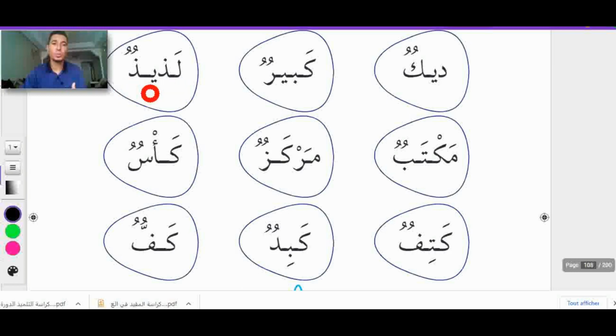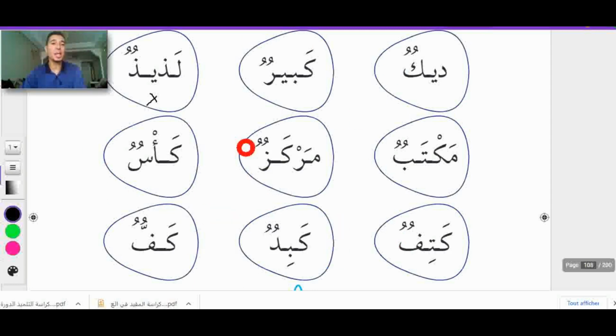No, we don't. لذيذ means delicious. مكتب, we've already seen this word, which is a desk. مركز, a station. كأس, a glass or a cup. كتف, a shoulder. كبد, liver. And كف, a fist.